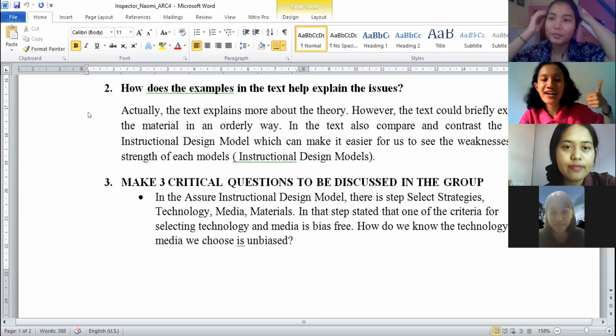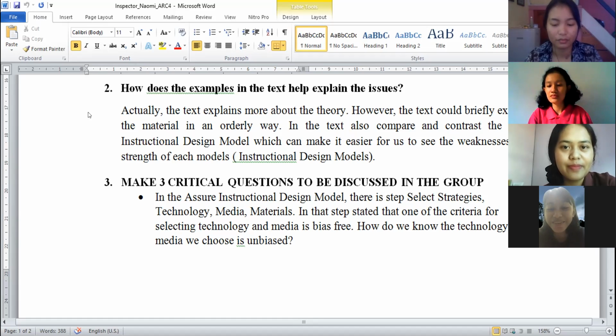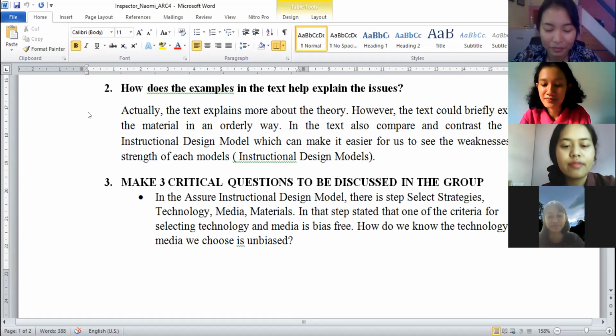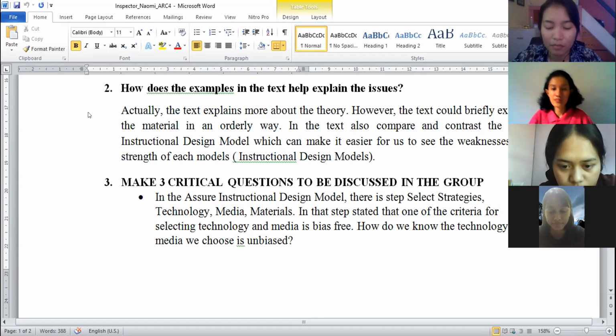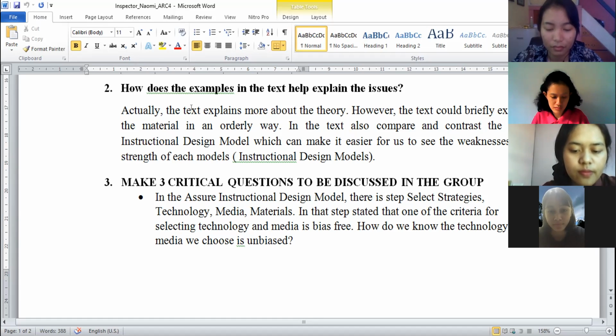Okay, thank you, Vinca. Any other opinion? Okay, Kidung, you go first. I also agree with Vinca that before we publish the media to the respondents, we must do research and look at previous studies that have implemented the media that we want to publish.